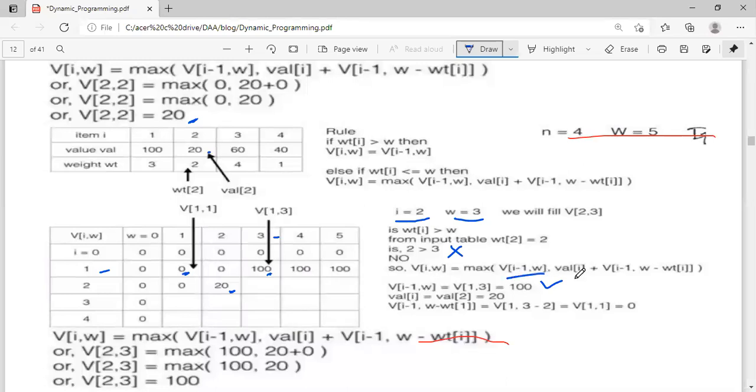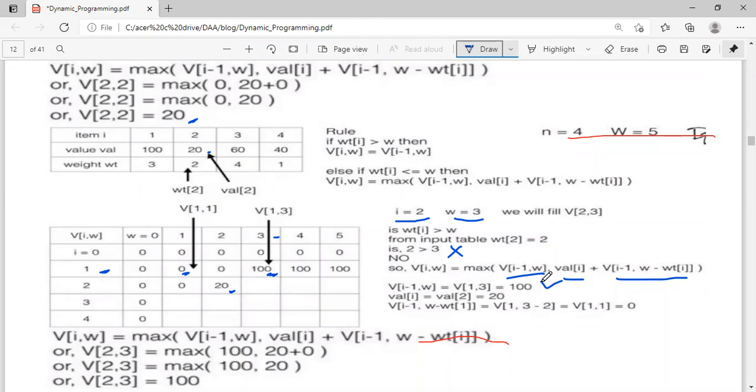Again it is divided into 3 parts for easy purpose, or you can evaluate the formula directly, no problem. So here we get 2 minus 1, which is 1 comma W. What is W? It is 3. 1 comma 3. What is present in 1 comma 3? In 1 comma 3, I have 100.